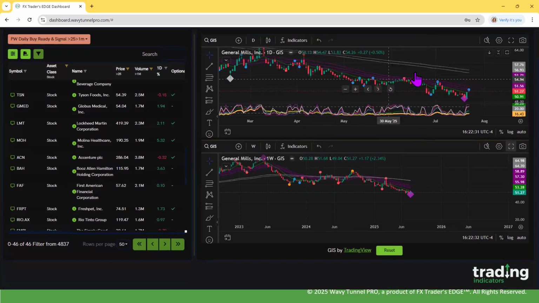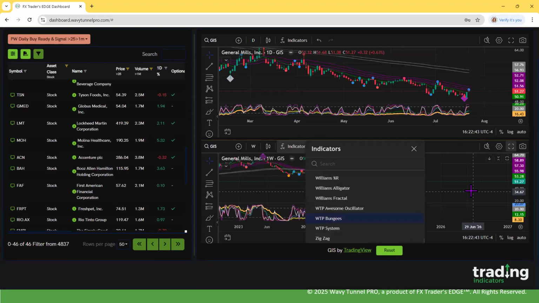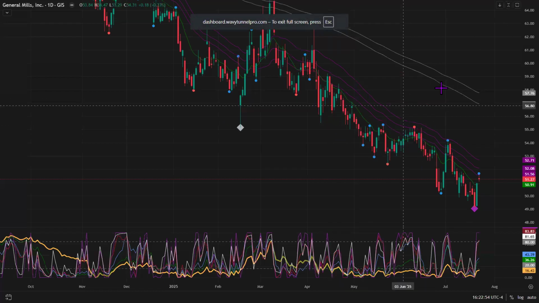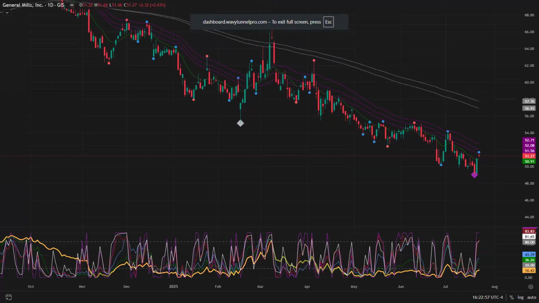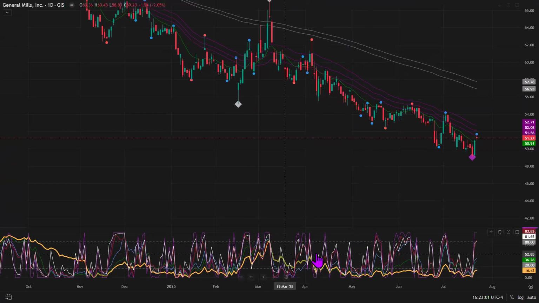Let me put the bungee indicator over here as well. Yeah. So this is the bungee indicator.